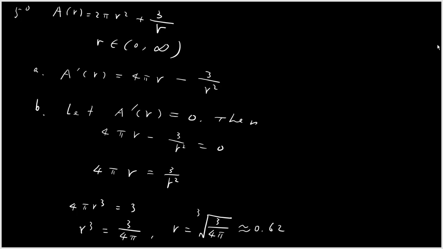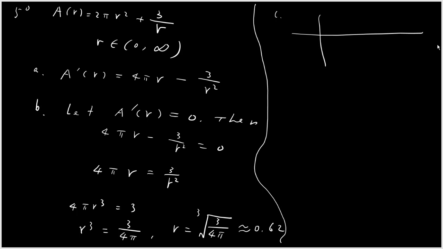So write down step B. We found the critical number. And then in step C, we form a table to confirm it is indeed the location of the absolute minimum. The critical number divides the domain from 0 to infinity into 2 subintervals: one from 0 to 0.62, and the next from 0.62 to infinity.